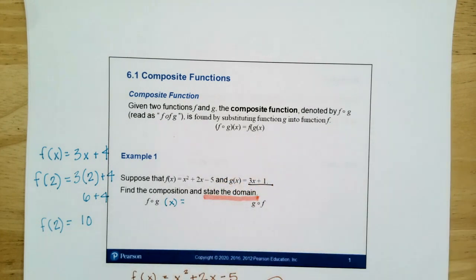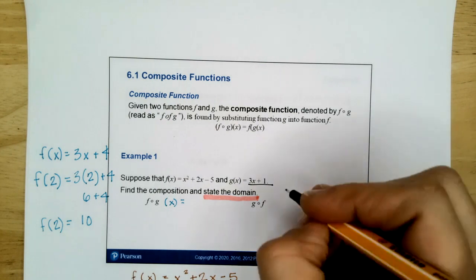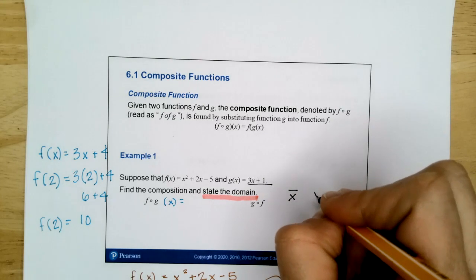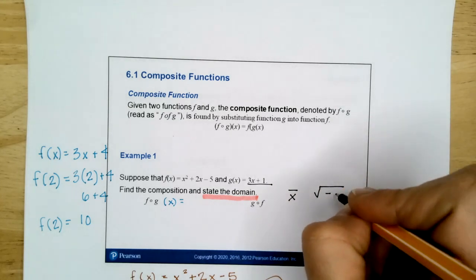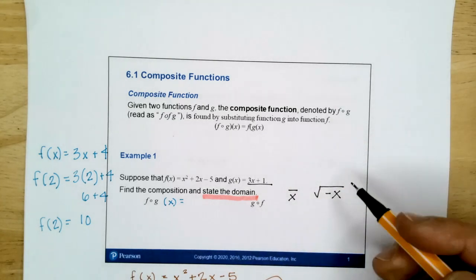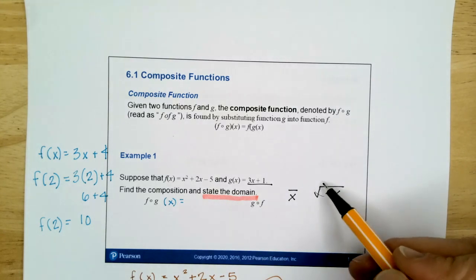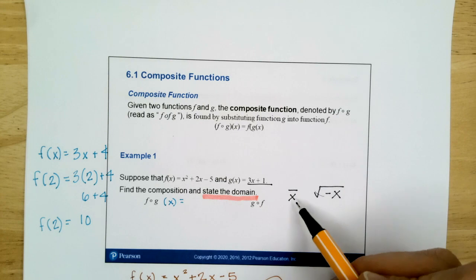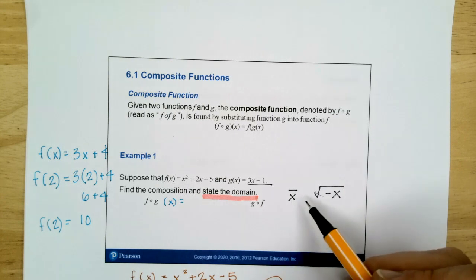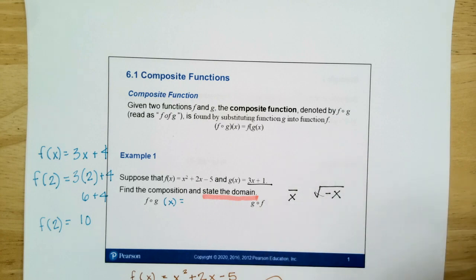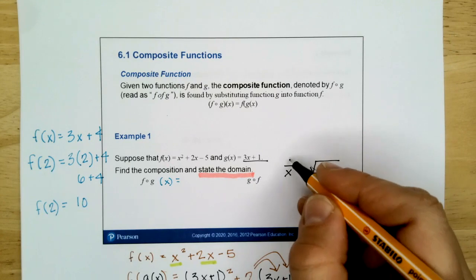The domain is going to be all real numbers, except we're going to exclude any value that causes us to divide by 0, or that causes us to have a negative number under the radical. Good. So if x is under an even radical, or if x is in the denominator of a fraction, we need to exclude those values from the domain that would make that into 0.